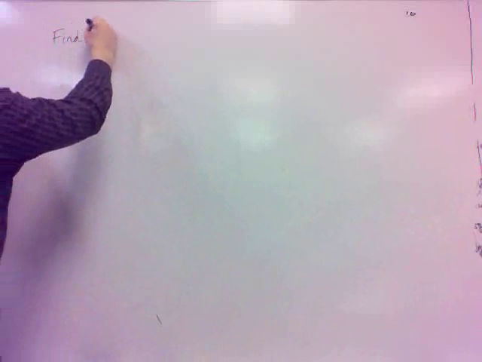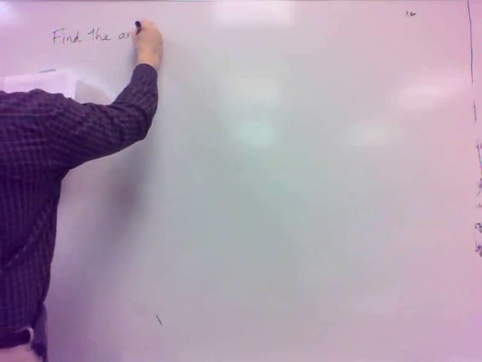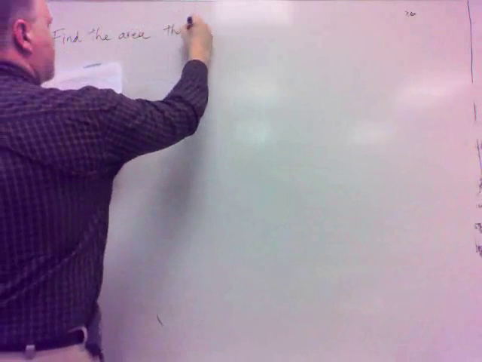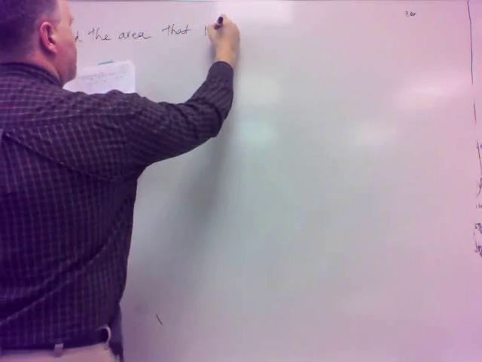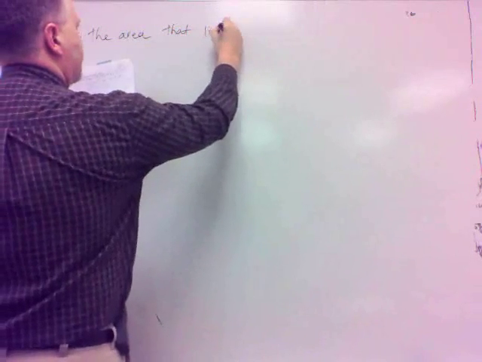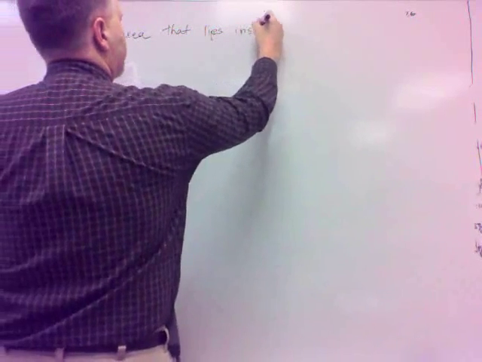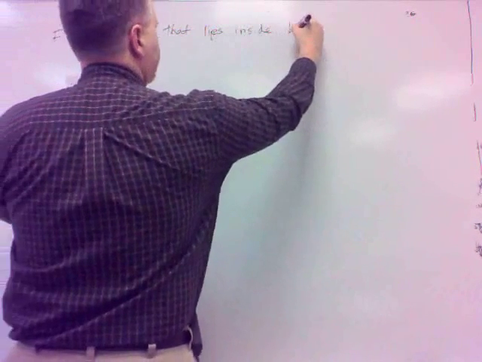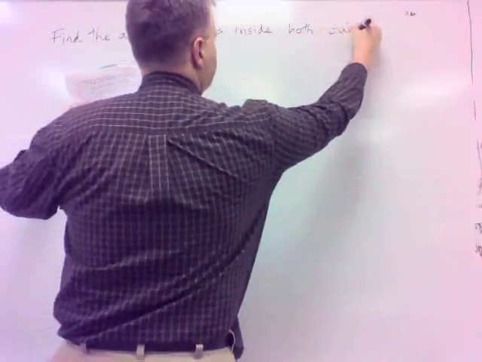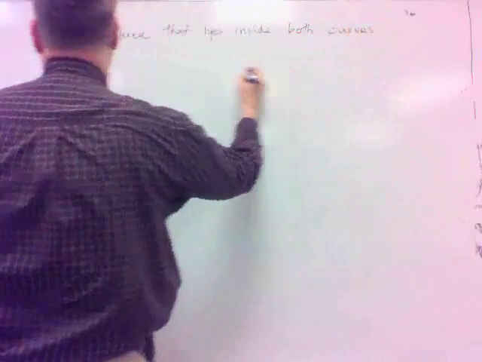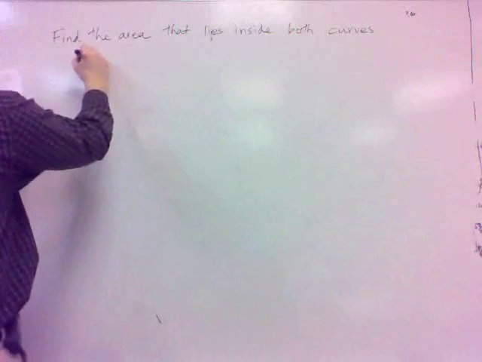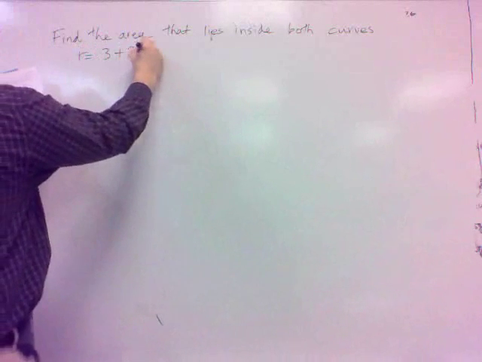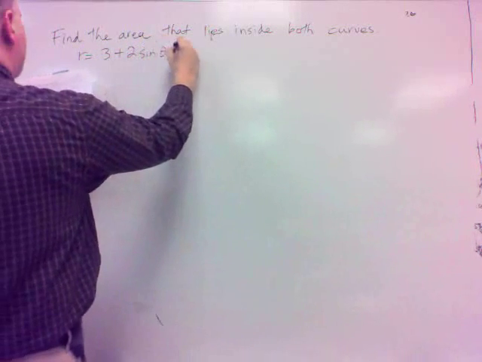Find the area that lies inside both curves. A little bit of a different twist here. R equals 3 plus 2 sine theta, and R equals 2.